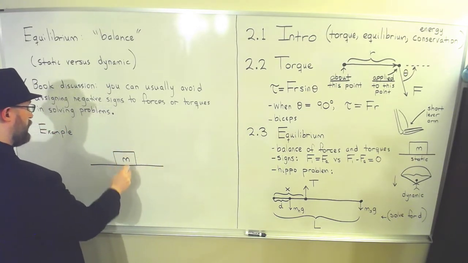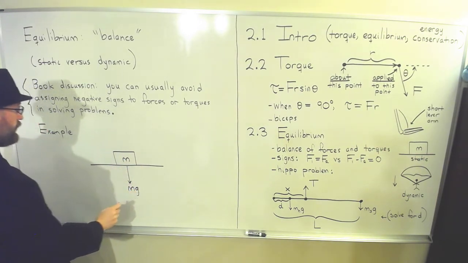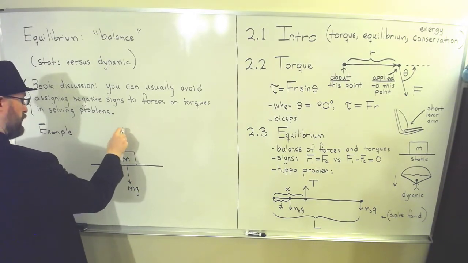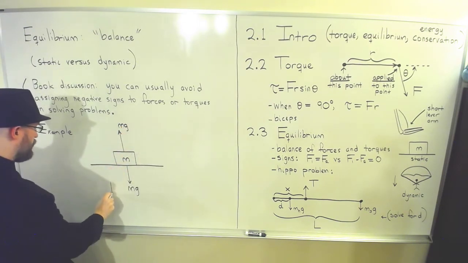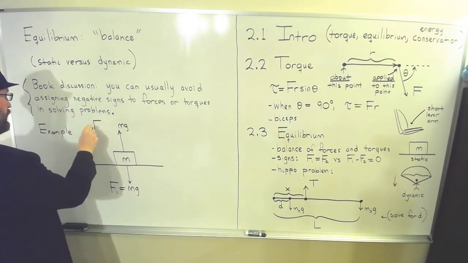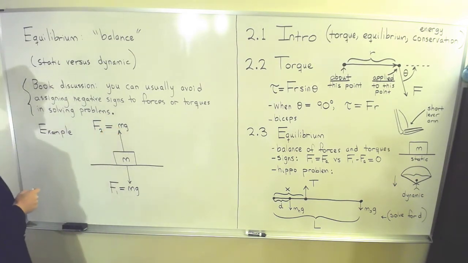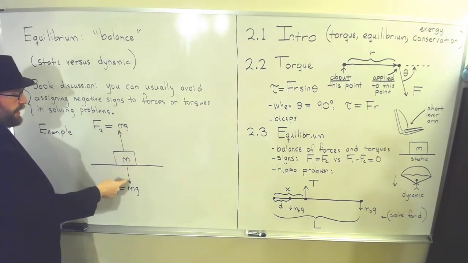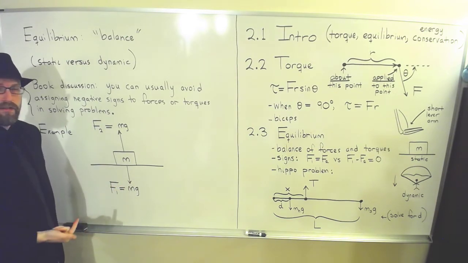You have a mass here, and you have the force mg, so this is due to gravity. And then you have the normal force, which is mg. So I'm going to write this one as F1. I'm going to call this F2 equals mg. Now the way I've written this, I've called the forces the same quantity. I've just drawn the arrows in different directions.